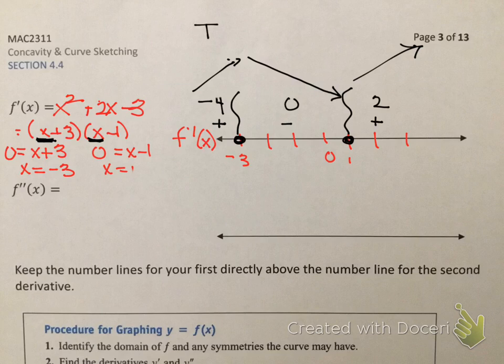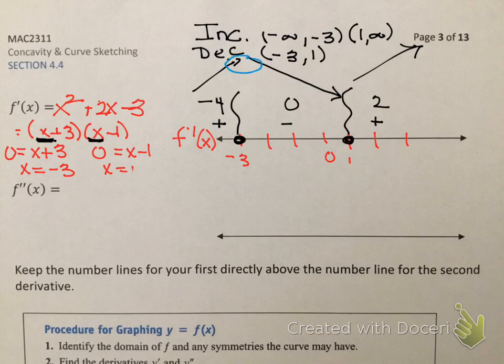I'm just reviewing for you guys. You weren't asked to find all this. I'm increasing from negative infinity to negative 3 and from 1 to infinity, and I am decreasing from negative 3 to 1. Let's see what kind of local extrema I have.